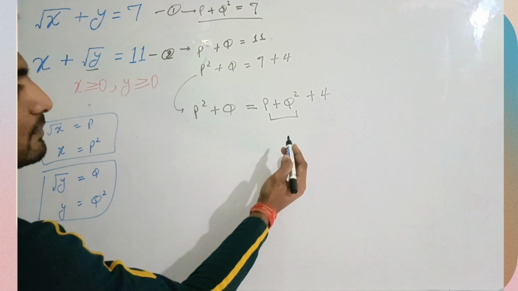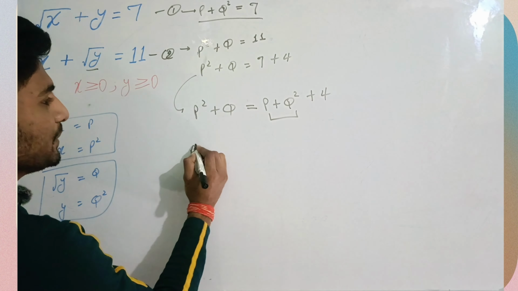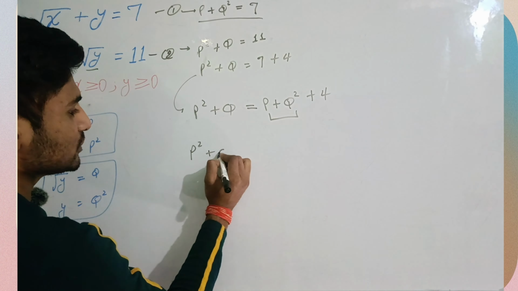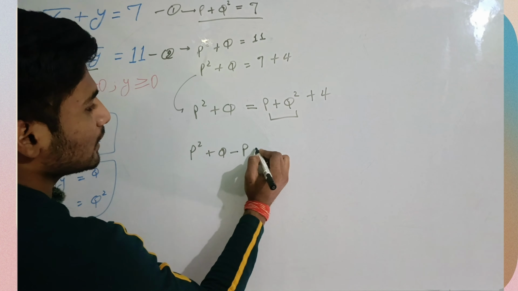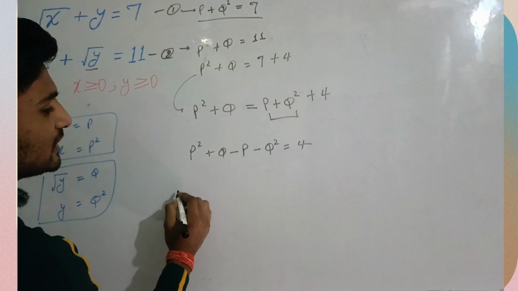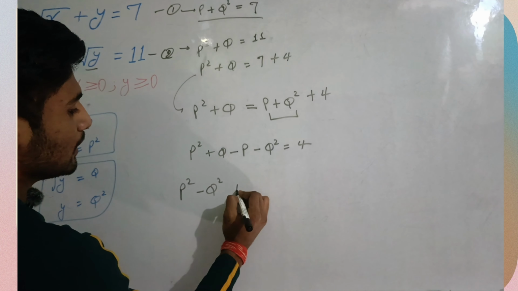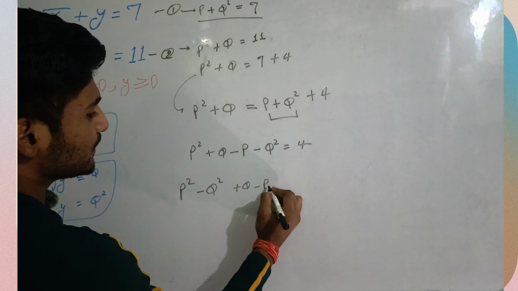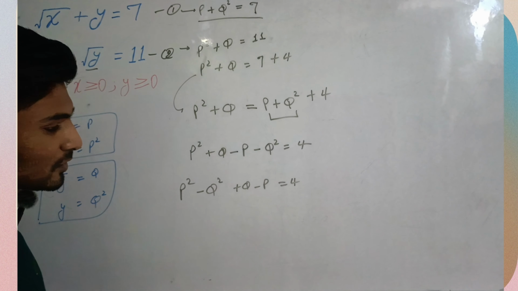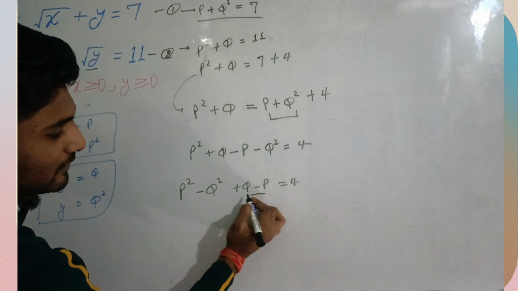Now bringing this p plus q square to the left side, we get p square plus q minus p minus q square is equal to 4. Arranging this, we get p square minus q square plus q minus p is equal to 4. Now here we want to take the negative sign common.